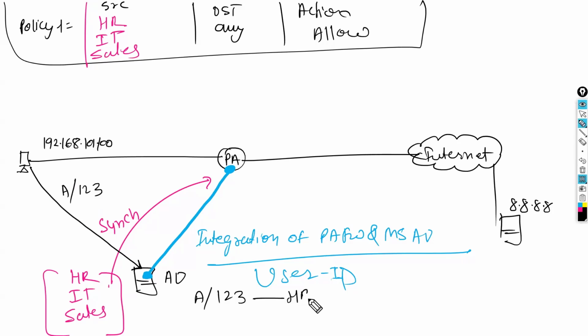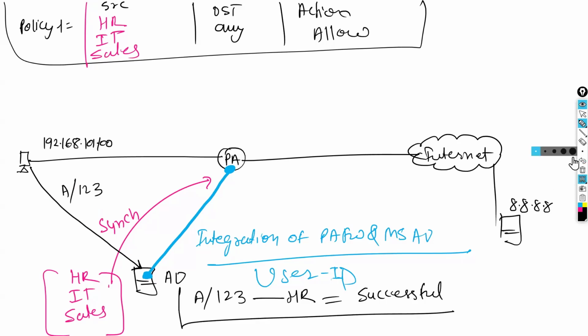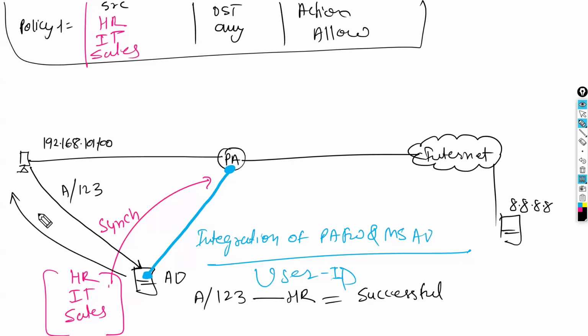That belongs to which group? HR group. Now, what is the result of authentication? Authentication is successful. Then AD will say to client, yes, your authentication is successful. Now, user has successfully logged into the domain.